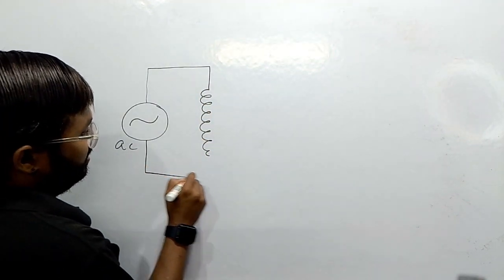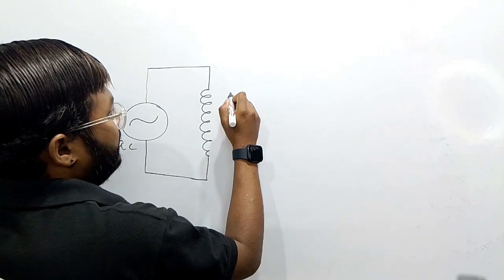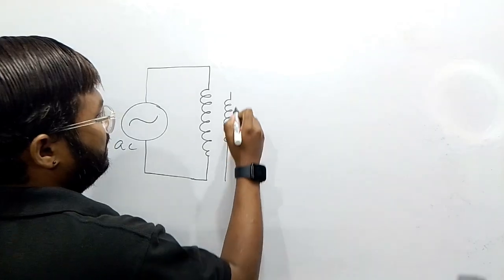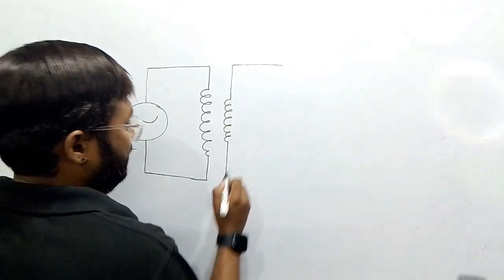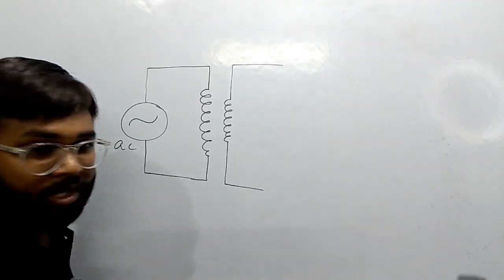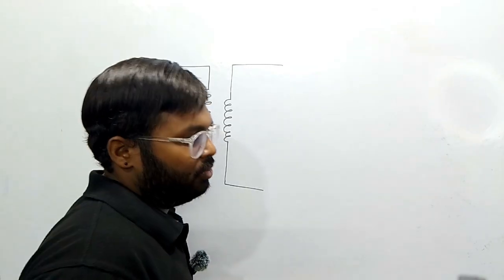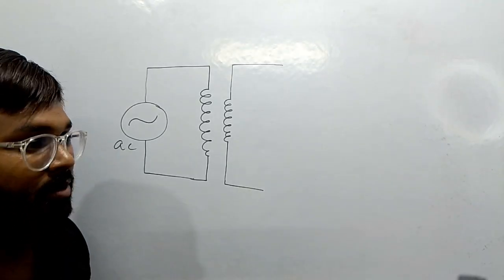What is this? This is a transformer. Do you know what a transformer is? It converts high voltage to low voltage, and also low voltage to high voltage. There are two types of transformer.